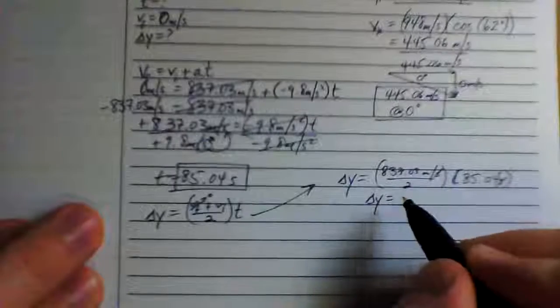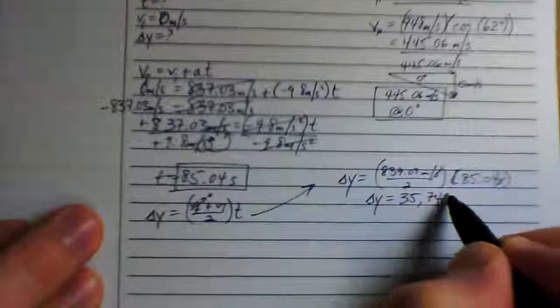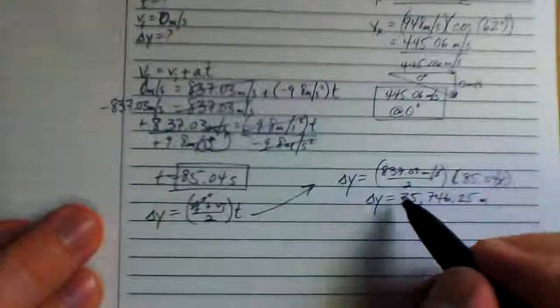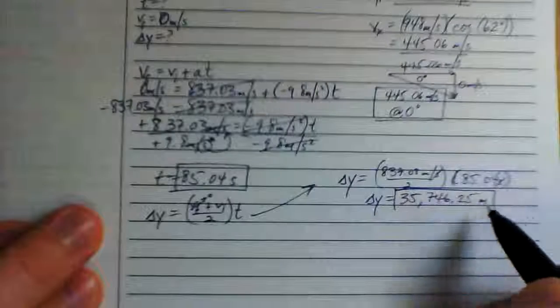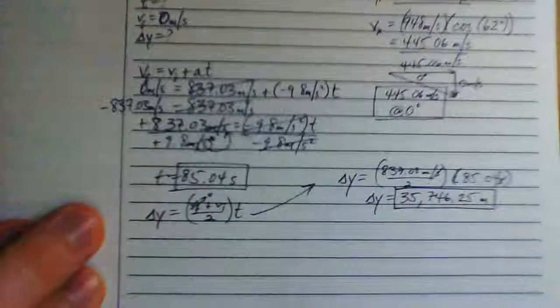So delta y equals 35,746.25 meters. So that is 35 kilometers up into the air, which is pretty stinking high.